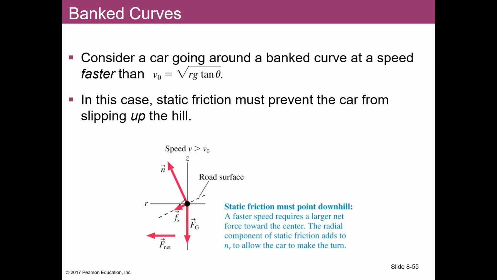There's a homework problem in which you'll explore this, but there is a maximum speed at which you can take this curve without skidding upward, because the faster and faster you take this curve, this normal force will get bigger and bigger. This static friction force will get bigger and bigger. But of course, what we know from static friction is that there's a limit to how much the surface can push based on that coefficient.